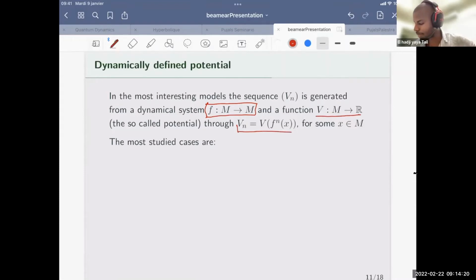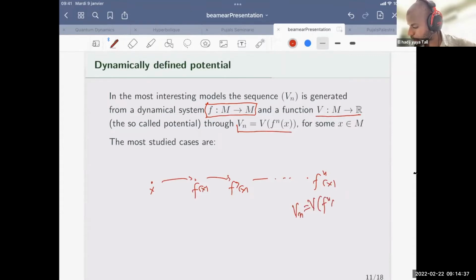So you have x here. You look at the trajectory of x here. You get f of x, f squared of x, and so on, till f^n of x. So Vn is v at this point, f^n of x, where v is a map from M to R.